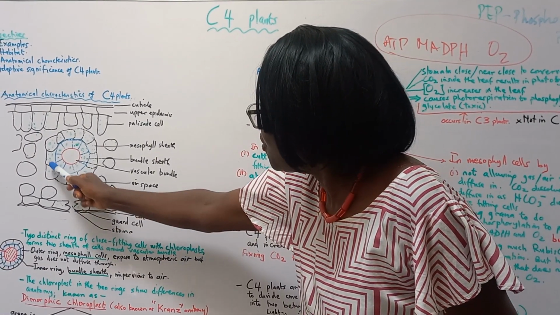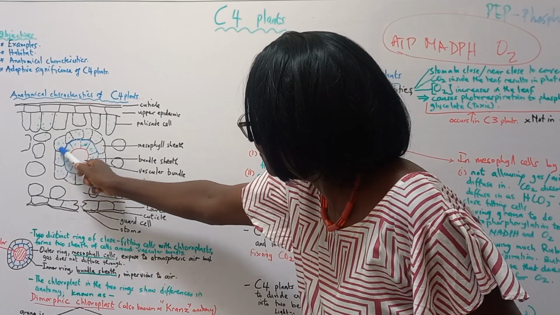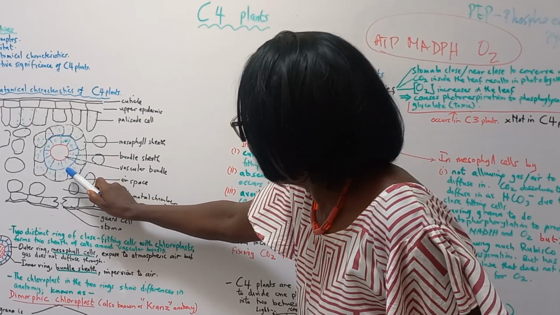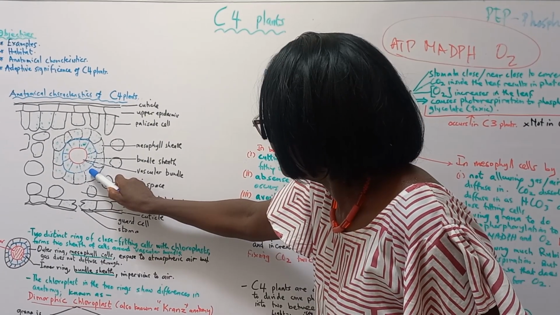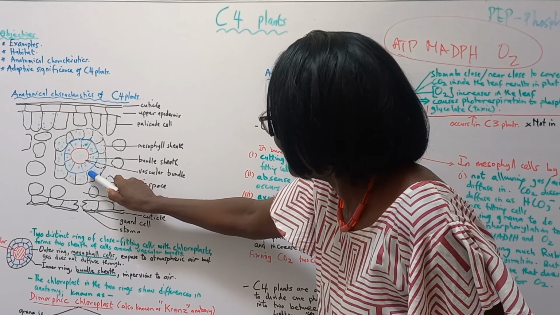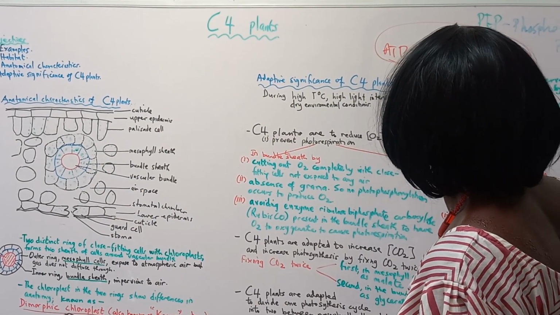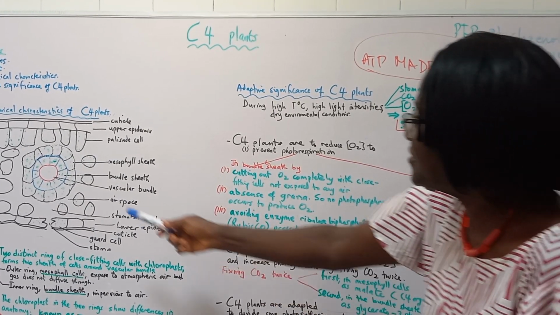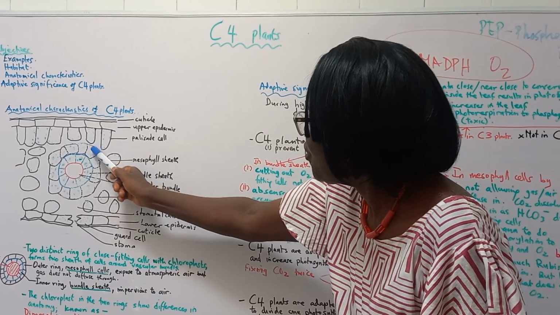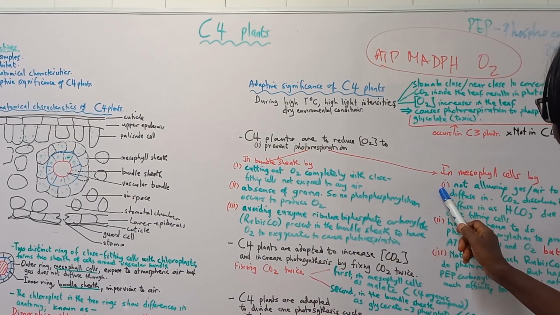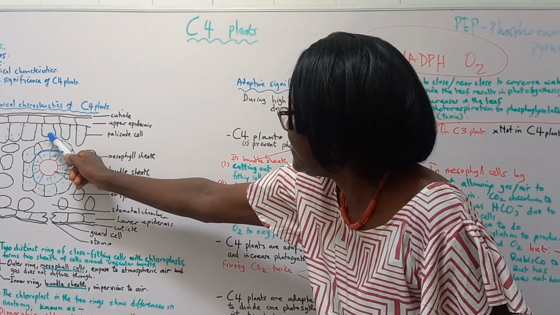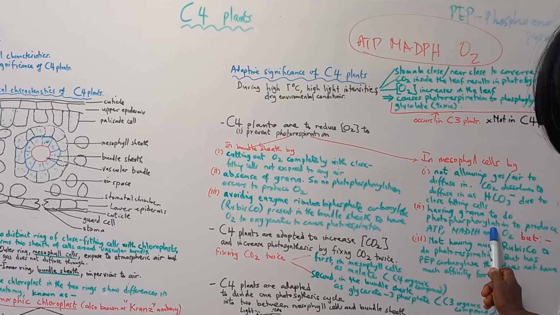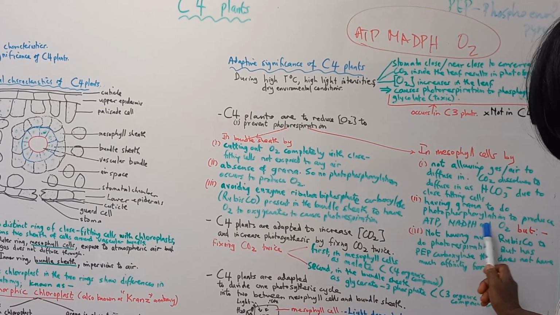So even though photophosphorylation goes on here because it has grana and it produces oxygen, there is no rubisco to attach the oxygen to ribulose biphosphate to undergo photorespiration to form glycolate. So these are the ways by which the mesophyll cells also reduce photorespiration. 1, by not allowing air to get through easily, you have to dissolve. 2, it has grana to undergo photophosphorylation to produce ATP, NADPH, and oxygen.